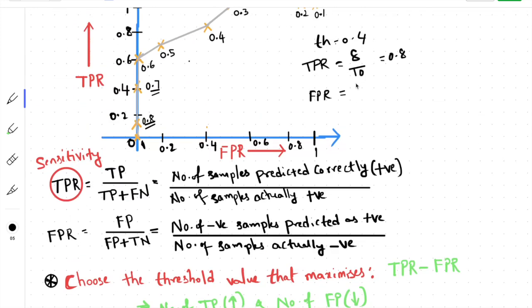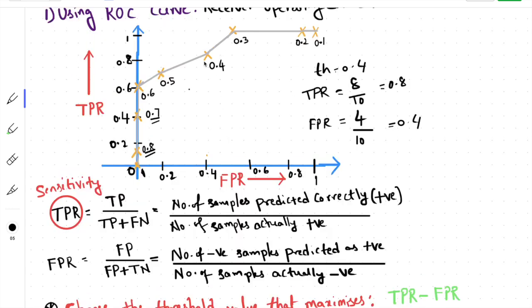So it would be 4. There are 4 negative samples that we predicted as positive, and the number of samples that are actually negative is 10. So it is 0.4. As we can see, this is the value that we got. For threshold 0.4, we are getting a true positive rate of 0.8 and a false positive rate of 0.4.